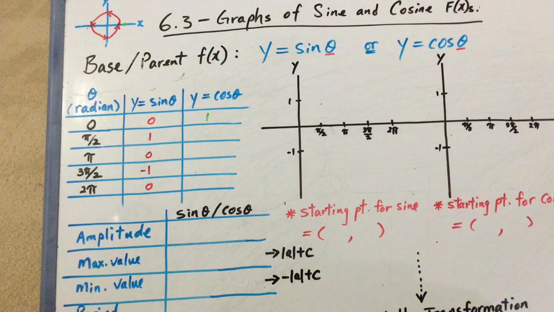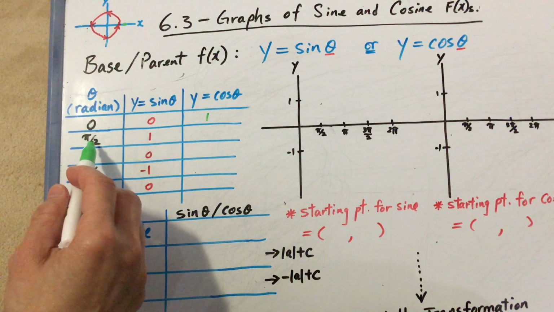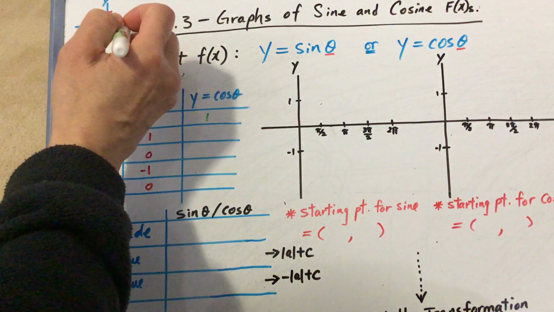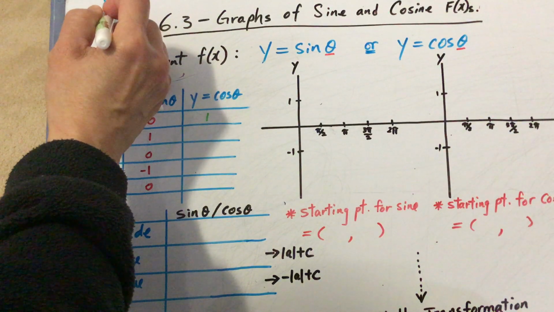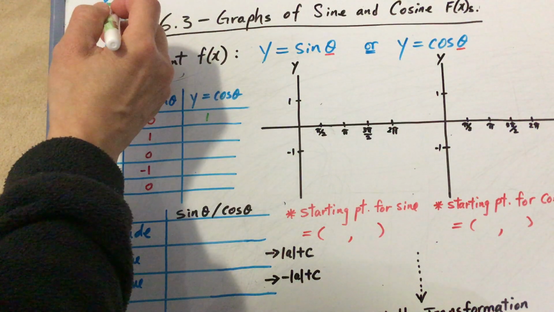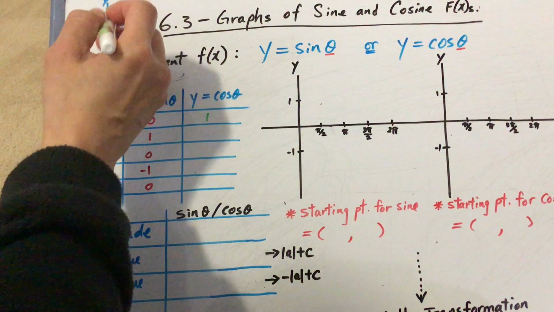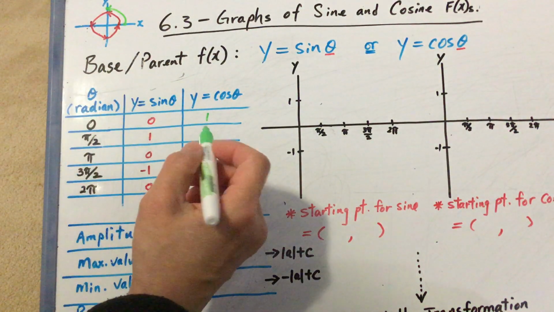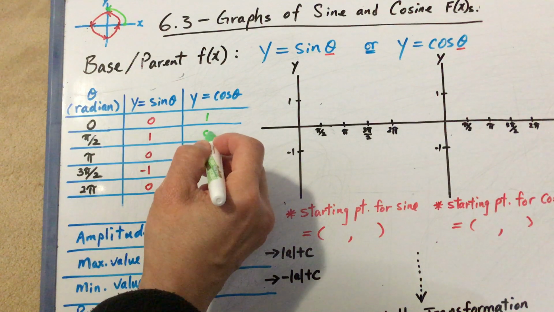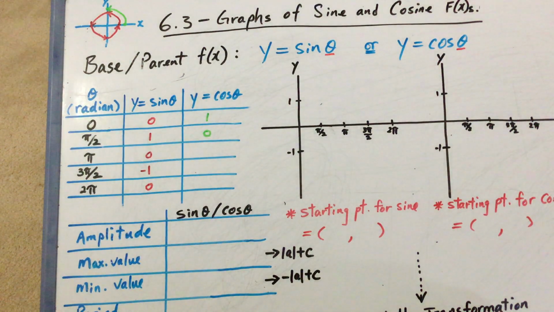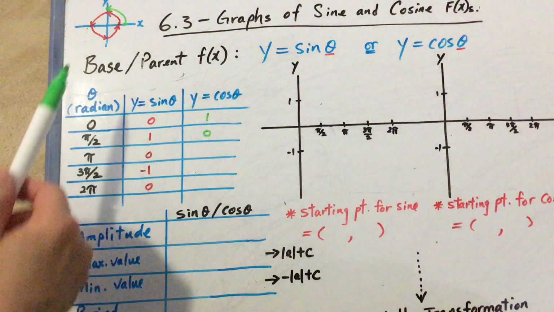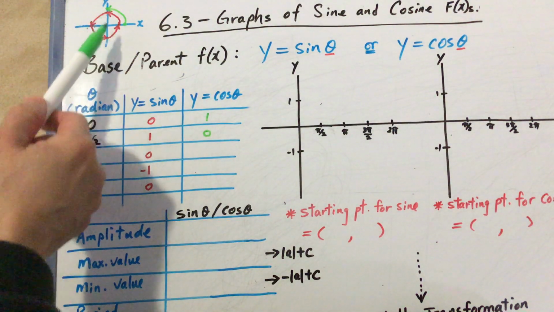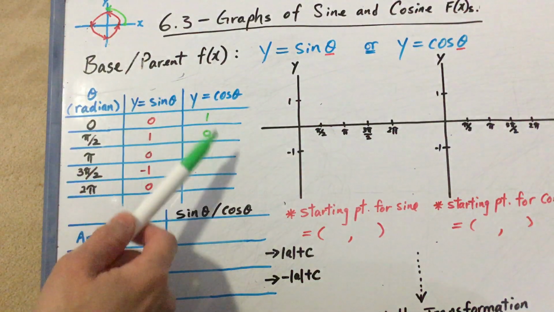And 90 degrees, pi over 2: if this angle goes and lands on the y-axis here, because on the y-axis there's only a vertical length but no horizontal length, a cos of pi over 2 will give you a 0. Similar idea: any angle that lands on the y-axis for cosine is going to be 0.